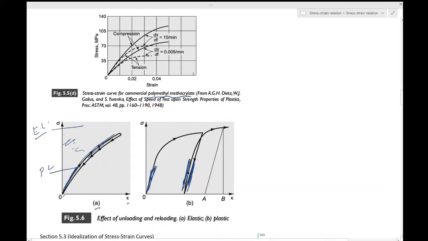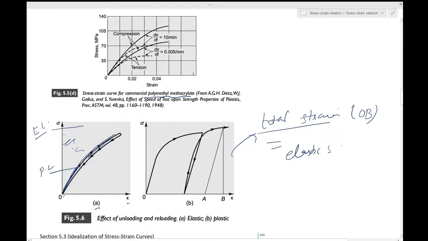So the total strain, which is OB, is equal to the elastic part, which is AB, and the plastic part, which is OA.